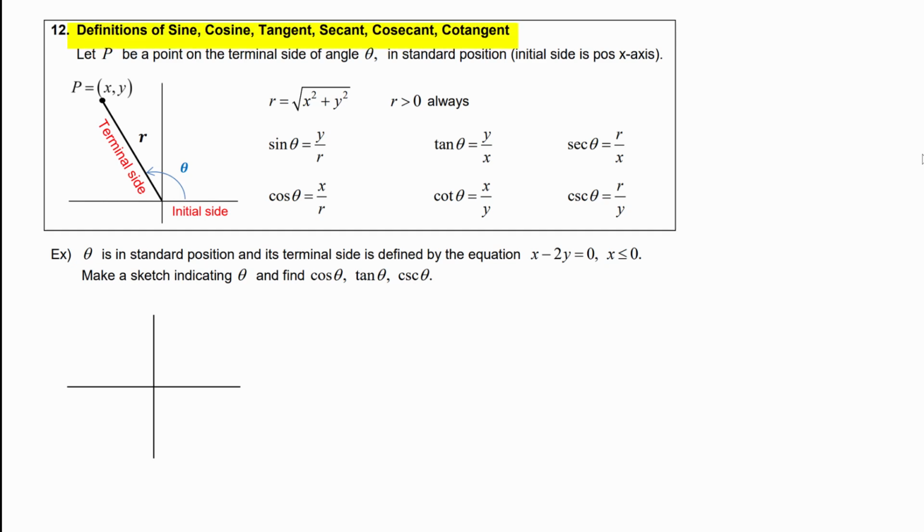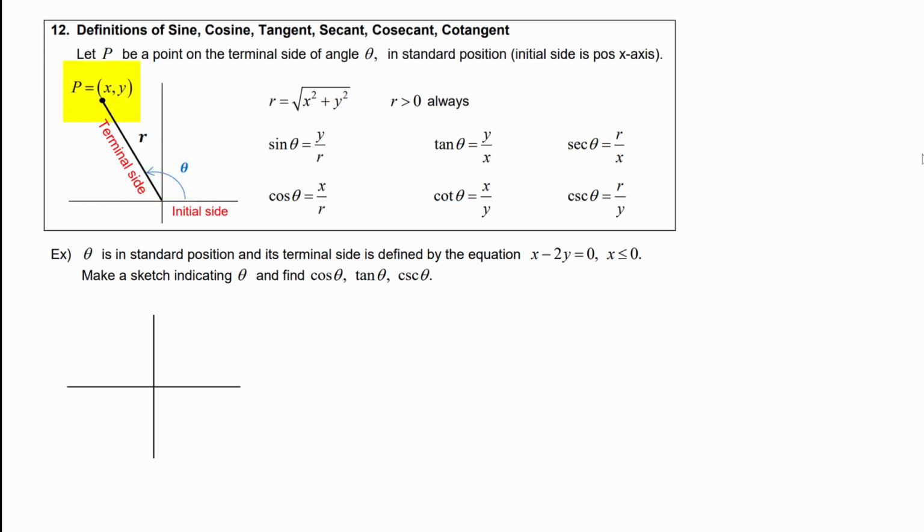Definitions of sine, cosine, tangent, secant, cosecant, cotangent. Let P be the point on the terminal side of angle theta in standard position. You know the standard position is the position such that the initial side is the positive x-axis and we turn the angle counterclockwise.